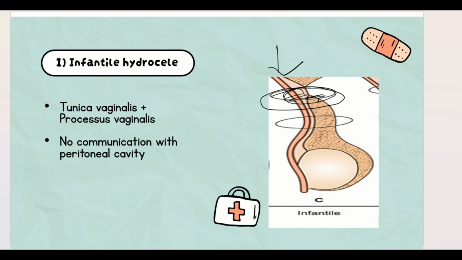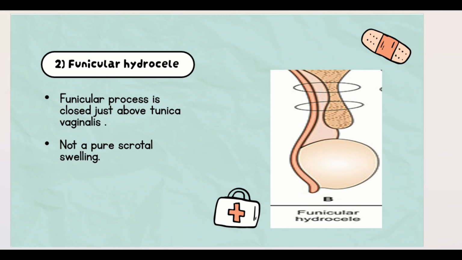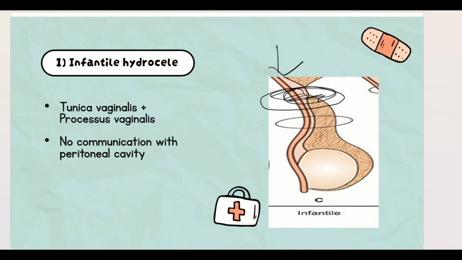Whereas in congenital hydrocele, there was a clear communication with the peritoneal cavity. So this is the only difference between congenital and infantile hydrocele. And also, infantile hydrocele does not necessarily appear in infants, though the name suggests so.